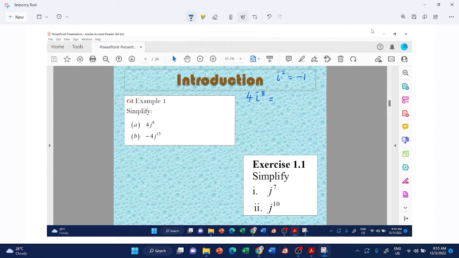Okay, so let's see yang I power 8 ni, boleh tak kita write into something like this? Dalam bentuk I kuasa 2. What do you think? Something macam ni? Boleh tak? Sama tak? Dekat sini Madam tukar J to I, so actually you want to do in J also can lah.